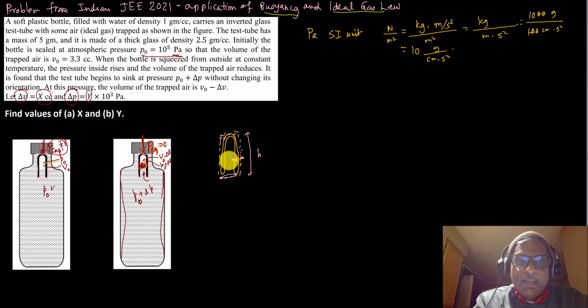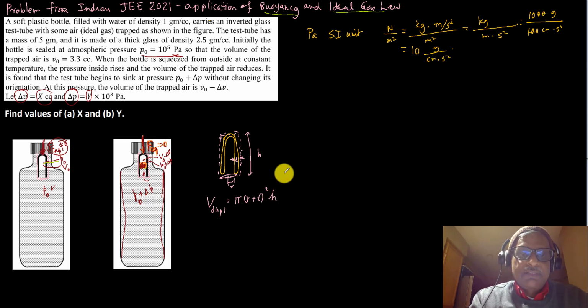will simply be pi (r plus t) squared h. So this cylinder, radius r plus t, height h.